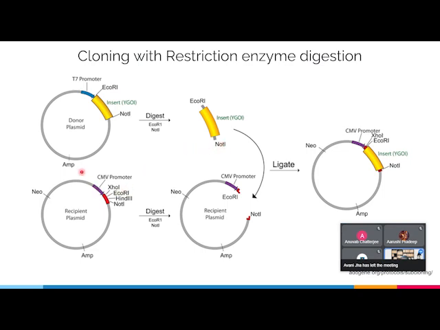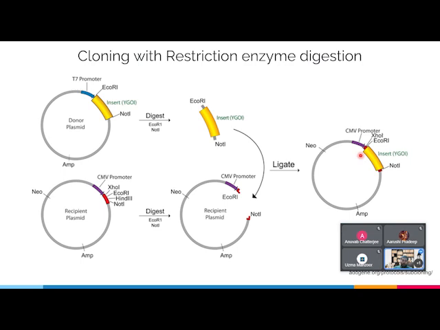Next, we'll look at our vector where we want to put this insert, and we will also restrict it using the same enzyme combination. So we have the EcoRI and NotI ends present here, and we will ligate both of them. So this will go inside here, and EcoRI ends will form base pairing with EcoRI ends, and NotI will form base pairing with NotI. And when we ligate it, we will have a complete circular DNA which is ligated.